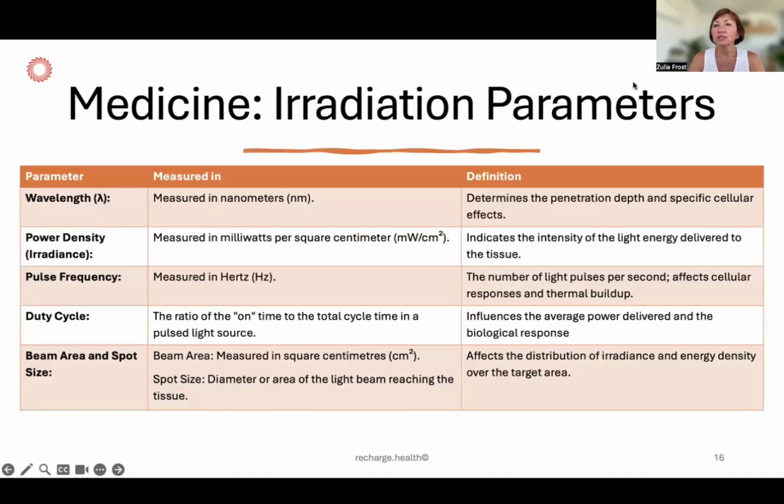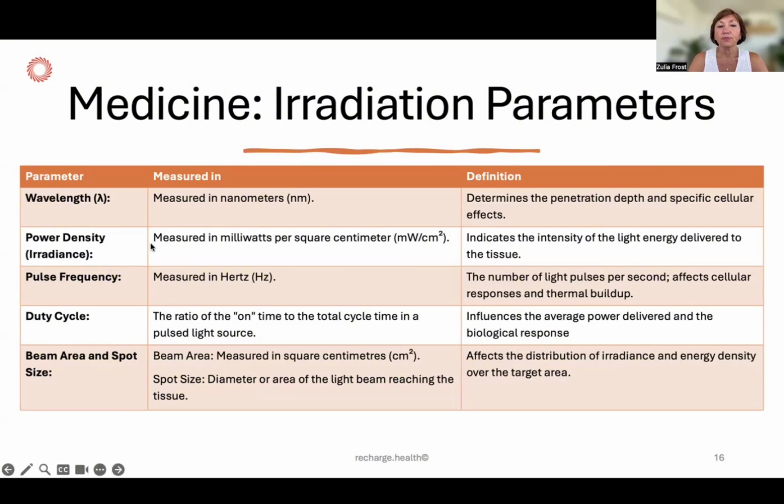So now this is a summary. You can keep this diagram somewhere close to you if you want to. We have wavelengths measured in nanometers, which determine the penetration depth and specific cellular effects, because there could be blue light, remember, which affects porphyrins in the bacteria and kills the parasites and bacteria.